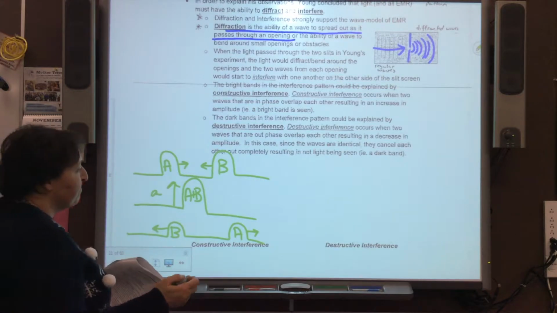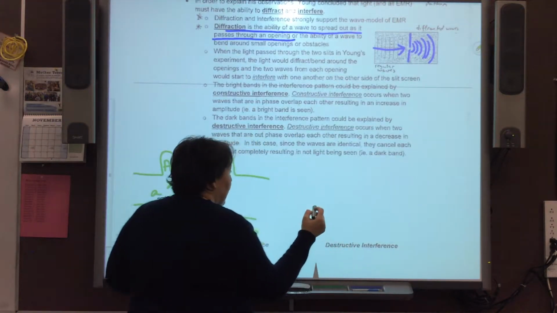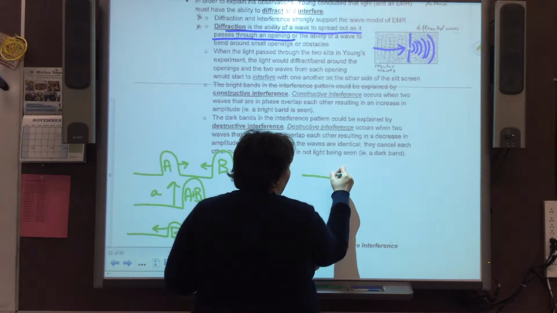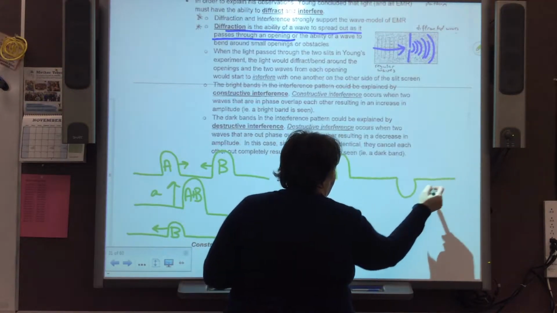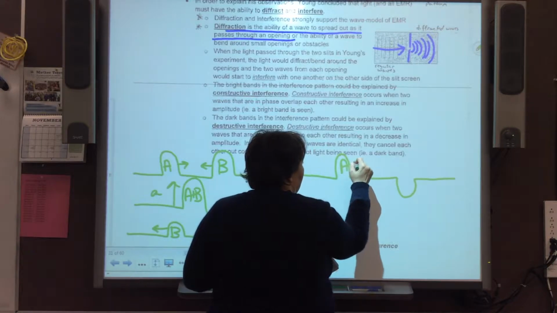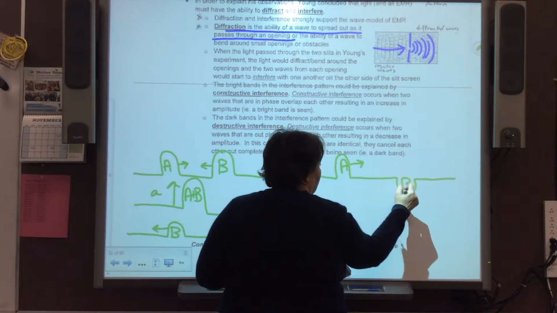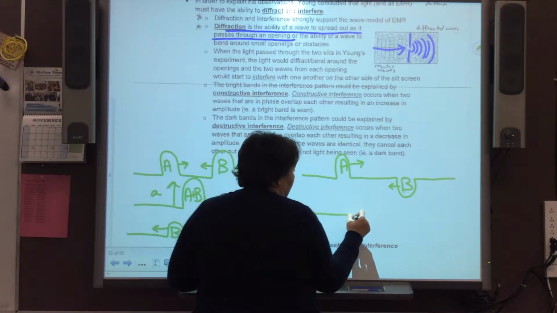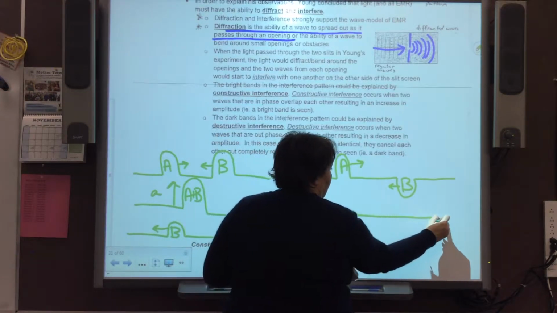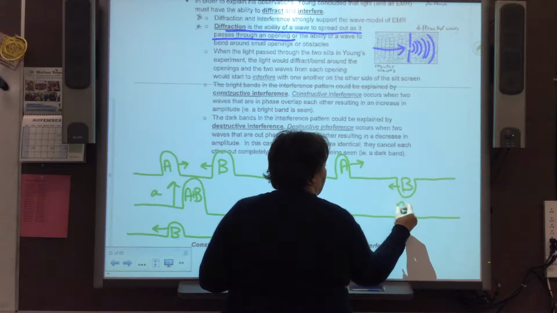If we're looking at destructive interference, we have waves that are out of sync or out of phase. This is wave A traveling in this direction. This is wave B traveling in this direction. And what we see when they meet is that they cancel each other out.